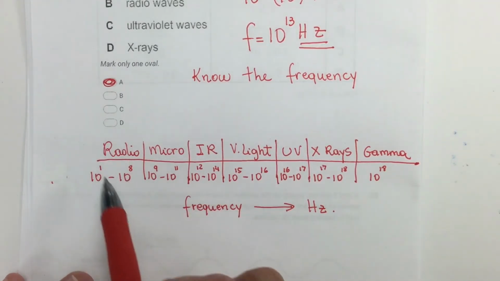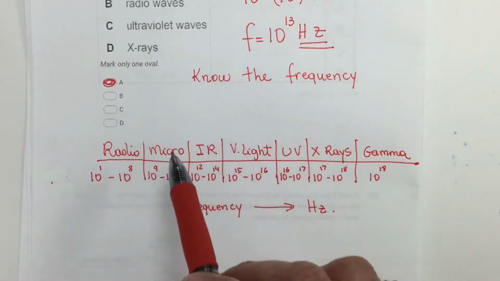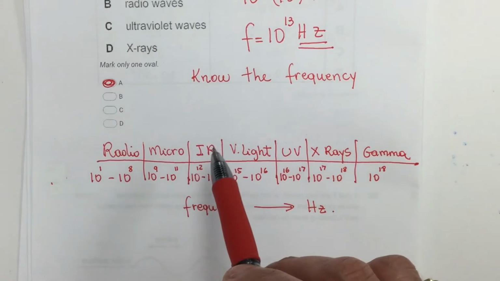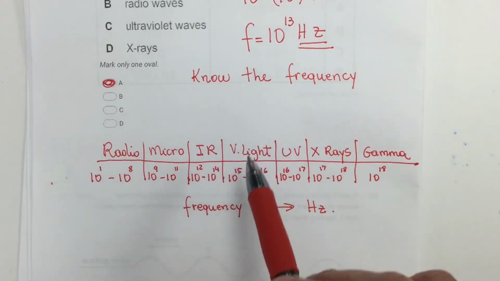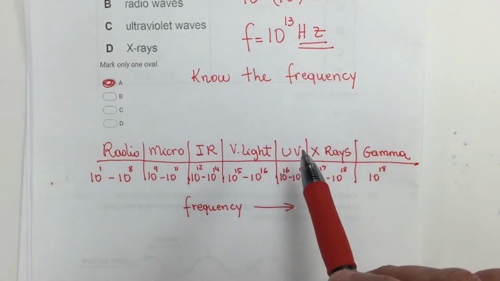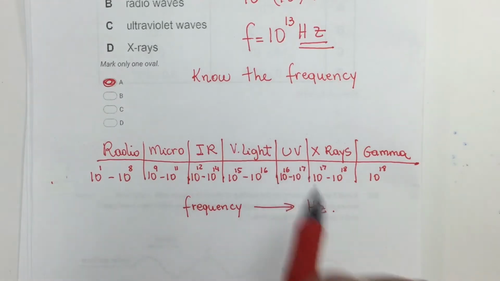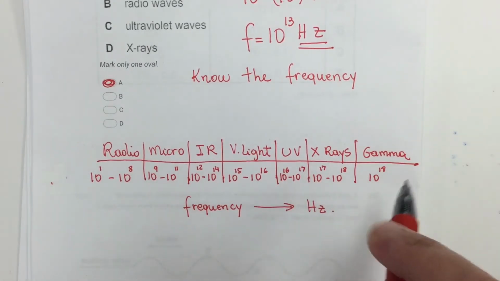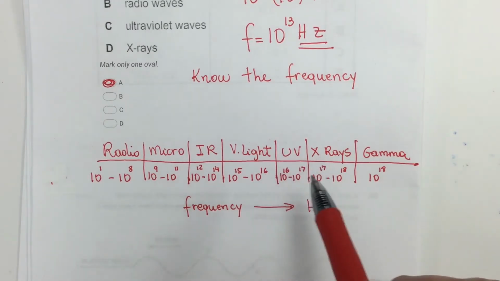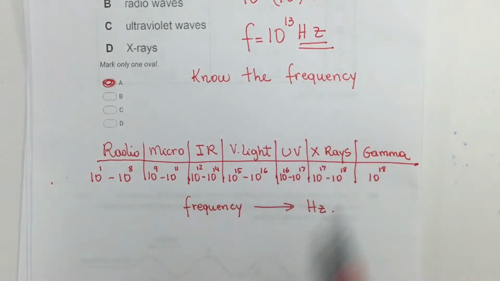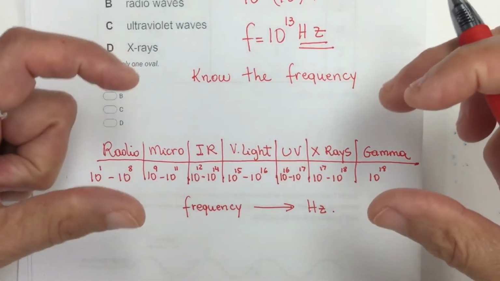For radio, 1 to 8; microwaves, 9 to 11; infrared, 12 to 14; visible light, 15 to 16; ultraviolet, 16 to 17. Notice that at the higher frequencies the ranges blend a little at the end: 16 with 16, 17 with 17, 18 with 18. You need to memorize this.